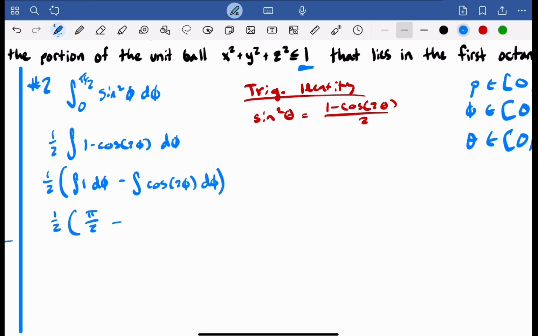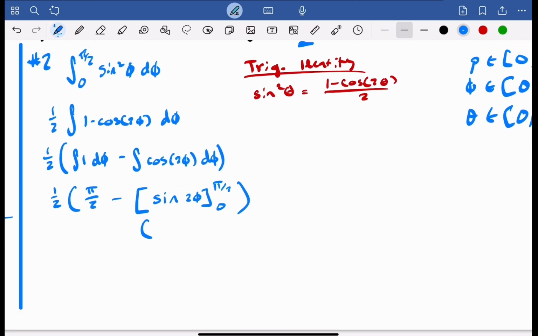And then cosine of 2, so that's going to be basically what we're saying here is sine of 2 phi, but it's going to be from pi over 2 to 0, which we can further define as sine of pi minus sine of 0.